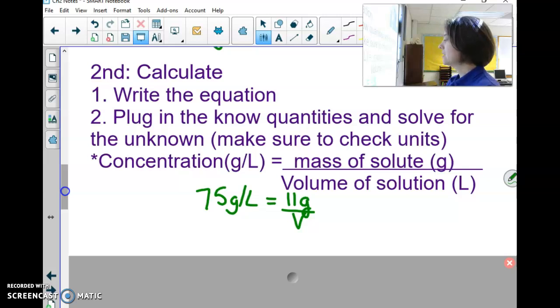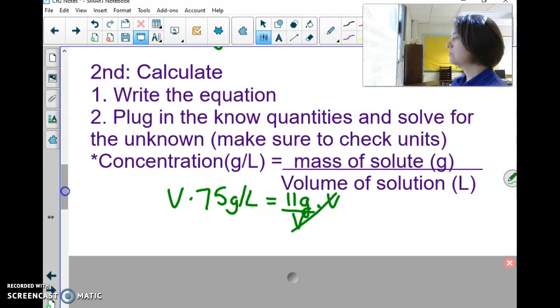I cannot just multiply 11 by each side, because then I've solved for 1 over V, and that's not a real answer that we want. So I have to have my variable up on the top, and to do so, I multiply by V on each side. Whatever I do to one side, I have to do to the other. Then these V's cancel, and I'm left with V on the left side, but on the top of a fraction. It was a fraction if I put it over 1.